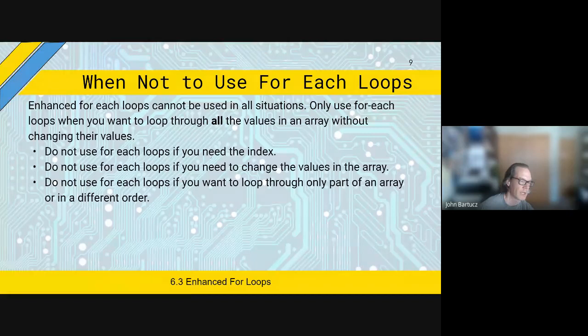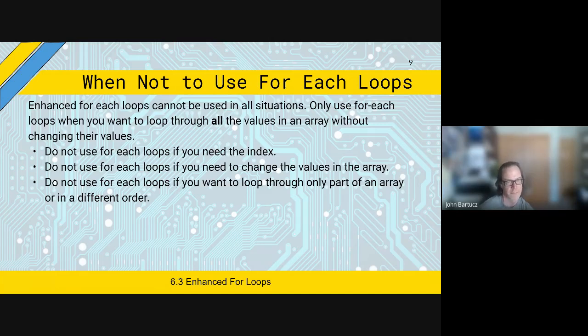So these are some caveats. The enhanced for each loop is really, really useful 95% of the time because you do the same thing with for loops on arrays. You're going through all of the elements, but there are situations where you don't, right?